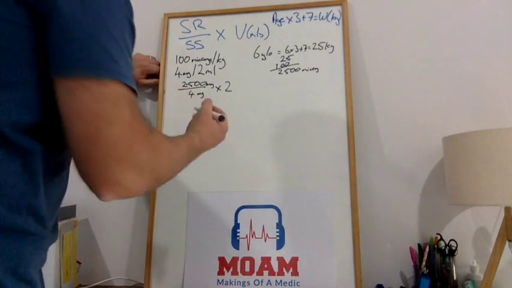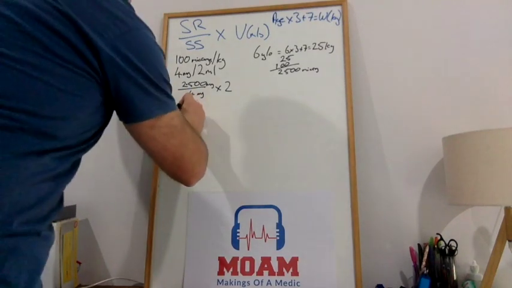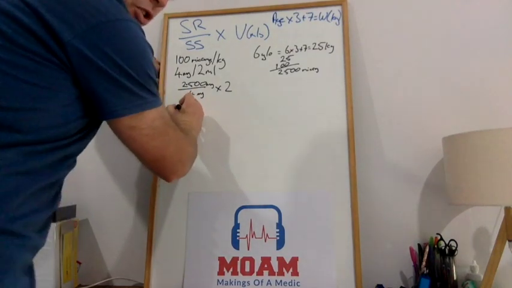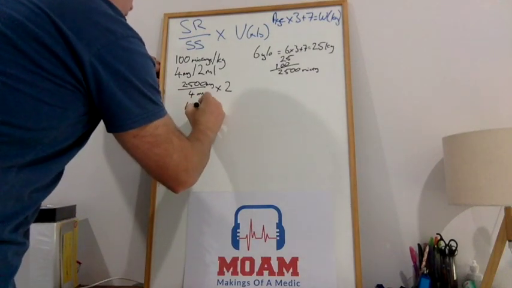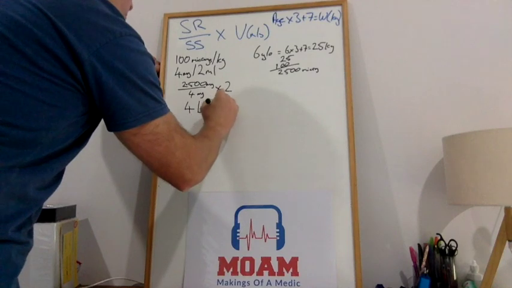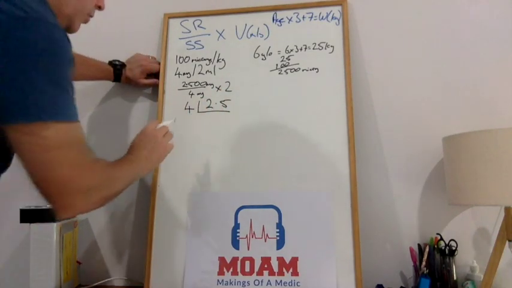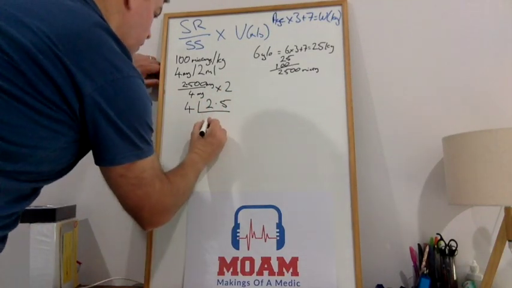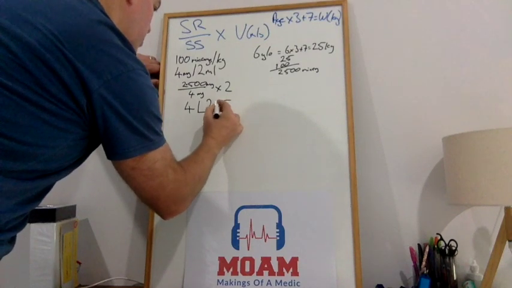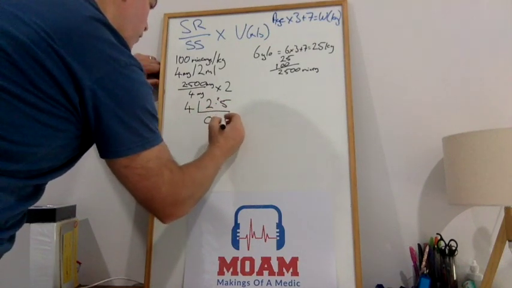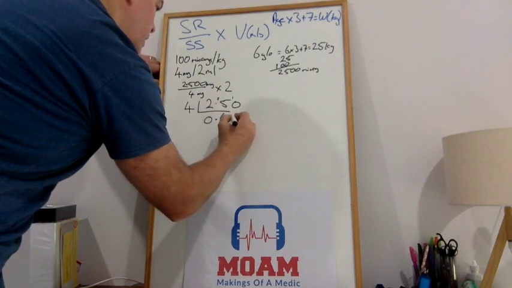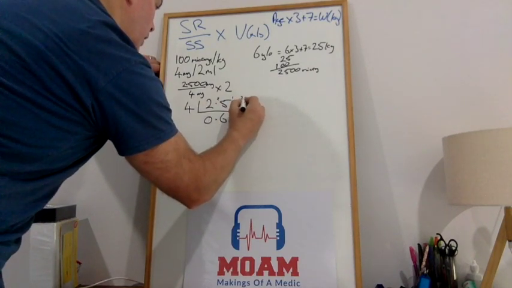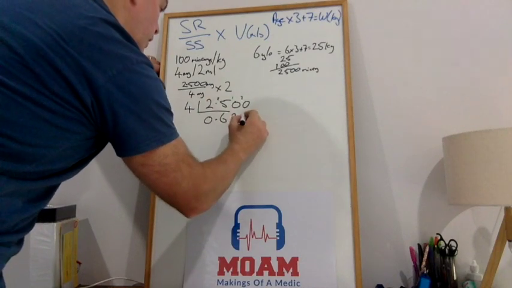So 2.5 divided by 4 times 2 is going to be how much of this drug this patient receives. There's numerous ways you can do your long division, but it's going to be 2.5 divided by 4. 4 into 2 doesn't go, so that's 0, decimal place there, carry the 2 over. 4 into 25 goes 6 times with 1 left over. 4 into 10 goes twice with 2 left over. 4 into 20 goes 5.